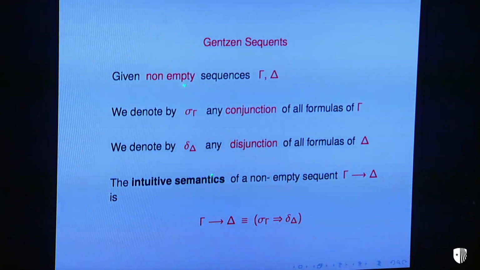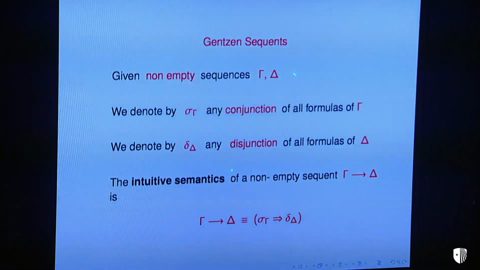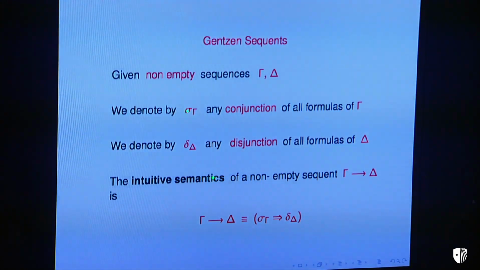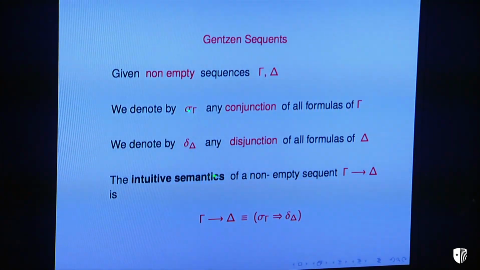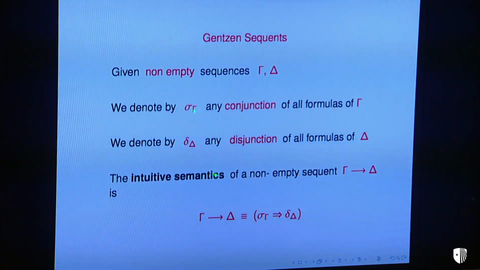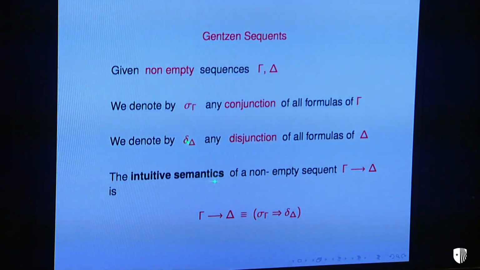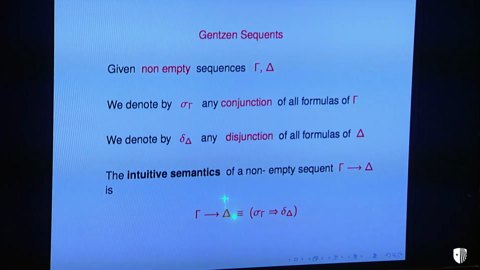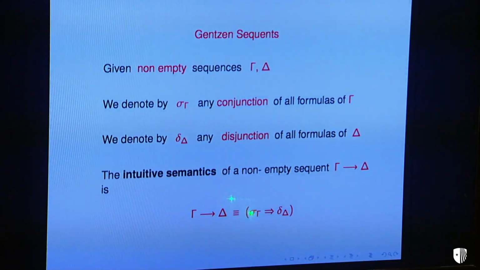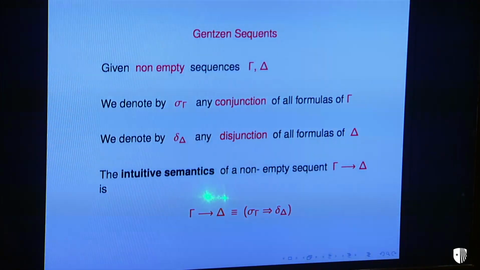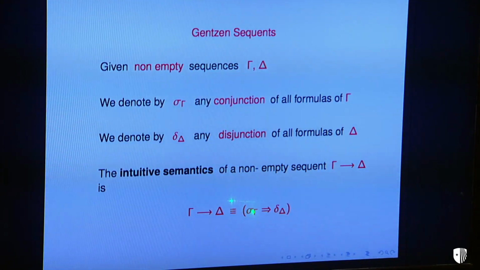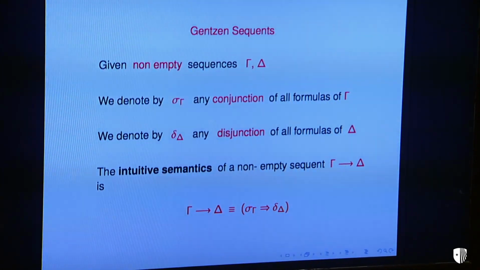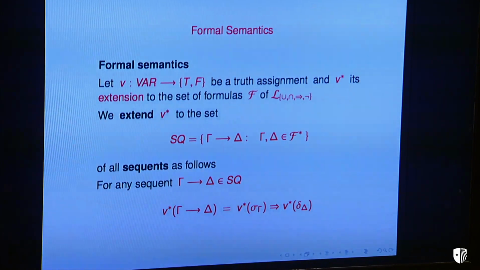If you have sequences, we write sigma for conjunction and delta for disjunction. So the sequent would be semantically the conjunction of gamma implies the disjunction of delta, and we will use those symbols.